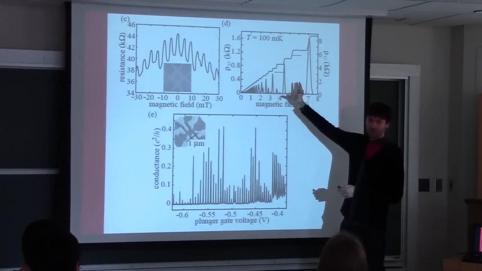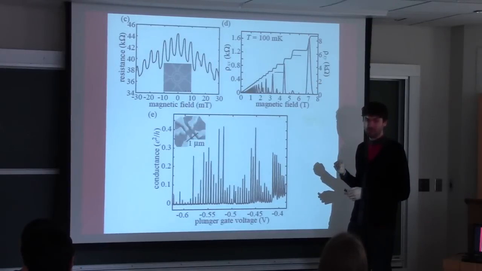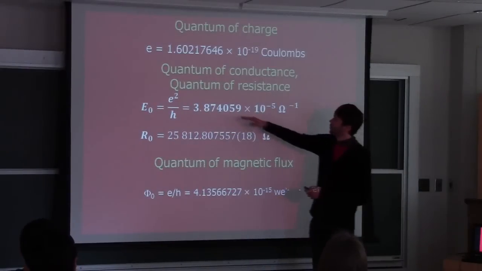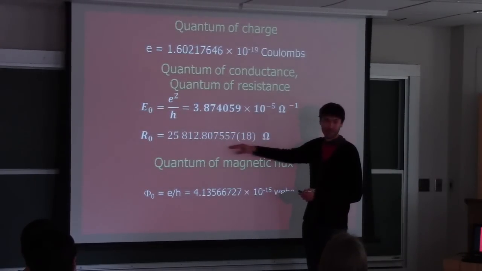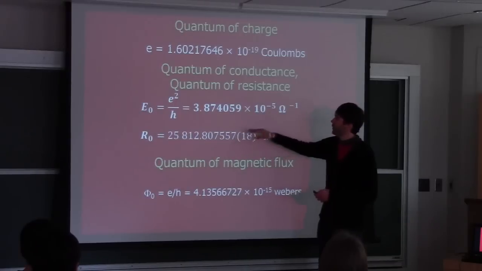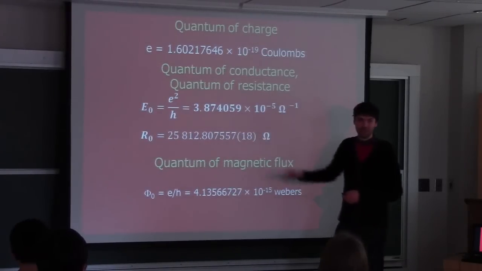And if you replot this graph, you will get perfect steps which are all equal. Exactly. So what is quantized is conductance in this case, not the resistance. Quite often you see that the conductance is quantized and the resistance is not quantized.